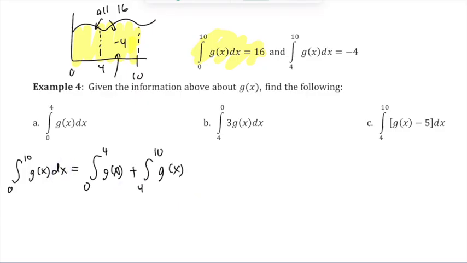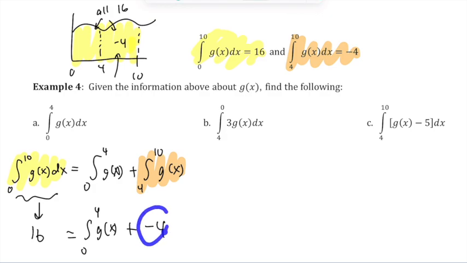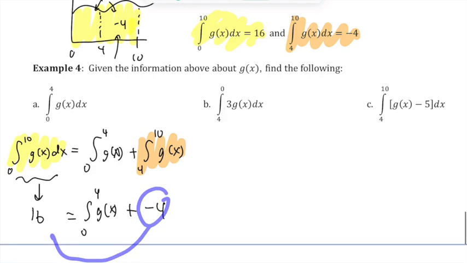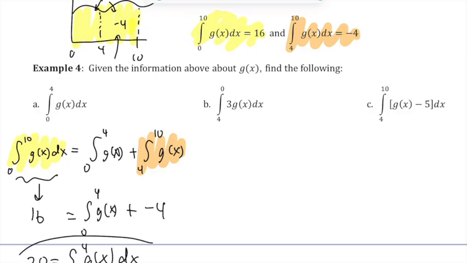I just didn't write it, but this would be a dx, this would be a dx. Now, we know this area here is going to be 16. And we know that this integral is negative 4. So if you just add 4 to each side, you're going to get that the integral from 0 to 4 of g of x dx is equal to 20.